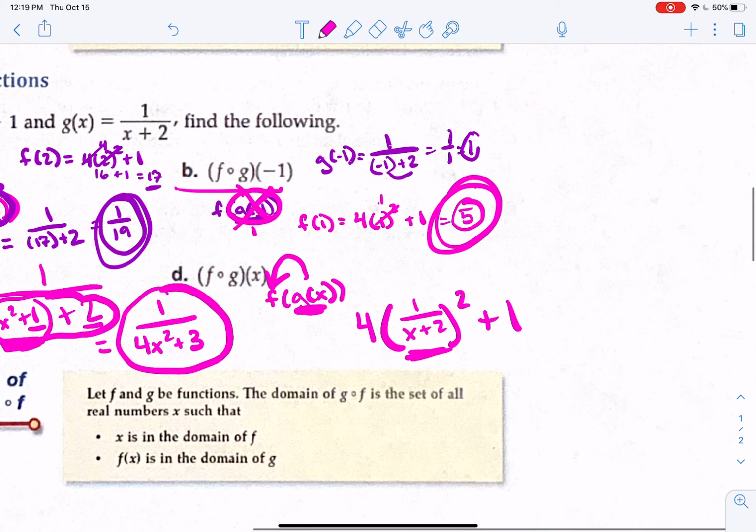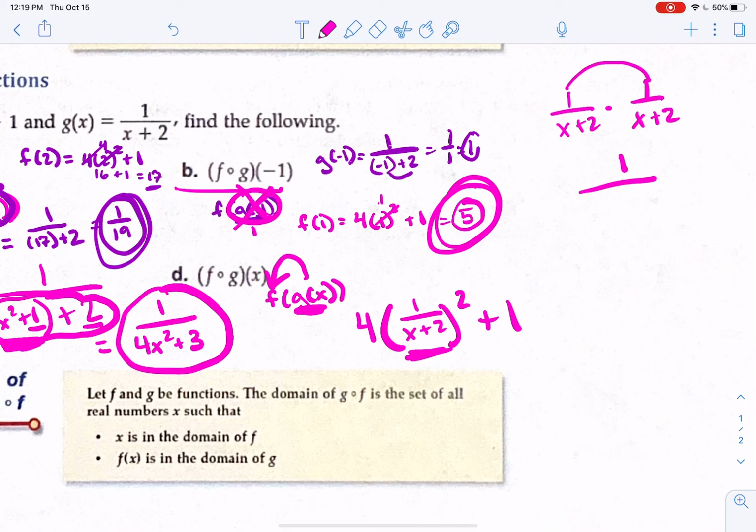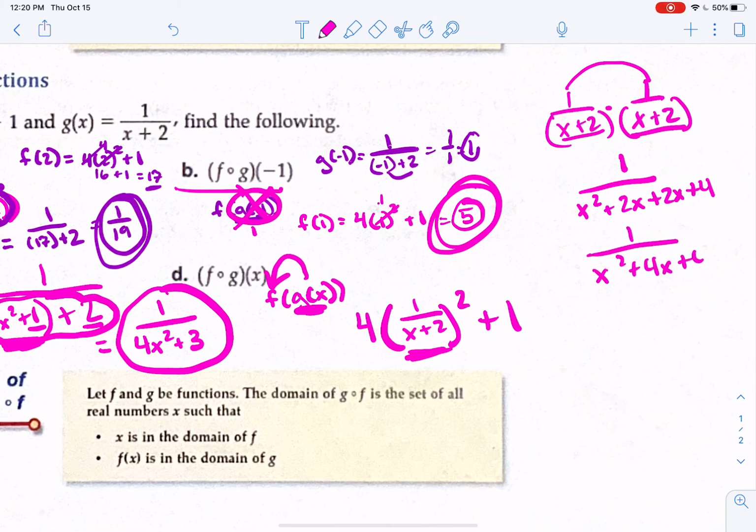Now, if I take 1 over x plus 2 and I square it, that's like saying 1 over x plus 2 times 1 over x plus 2, okay? Or I can do 1 times 1, which is 1, and x plus 2 times x plus 2. If I FOIL that out, that will be x squared plus 2x plus another 2x plus 4, okay? Or 1 over x squared plus 4x plus 4. That's what this piece right here becomes, okay?